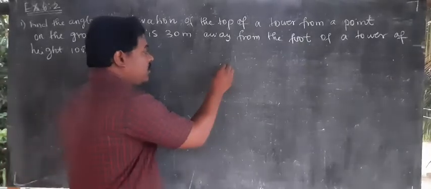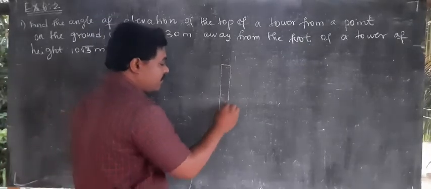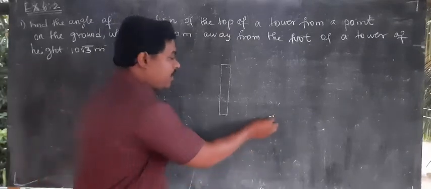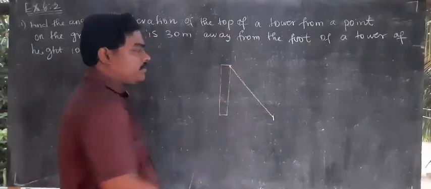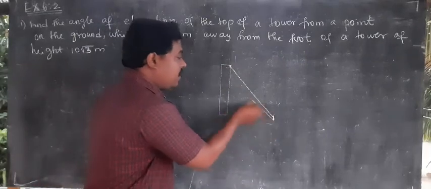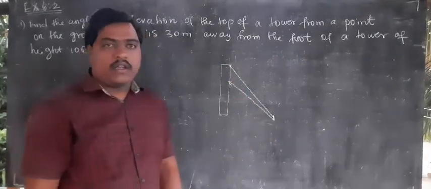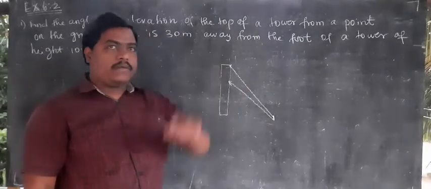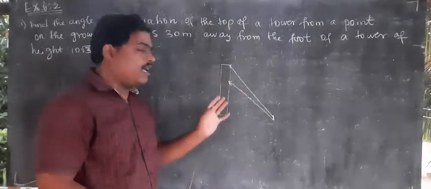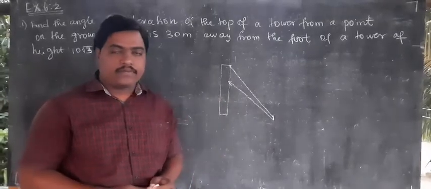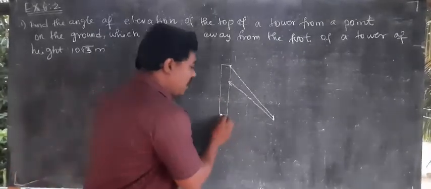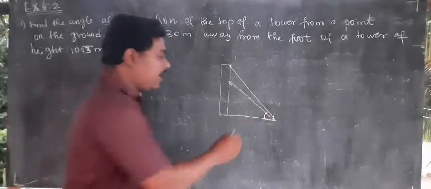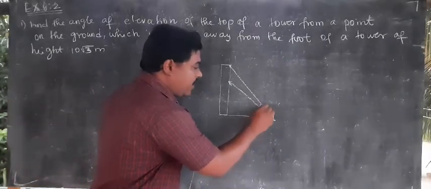For example, this is one building. You are standing here and see the top of the building, or seeing the top of the window. Like this you are seeing the top, that is called angle of elevation. Clear? So angle of elevation means what angle you are seeing at, 30 degree or 45 degree.